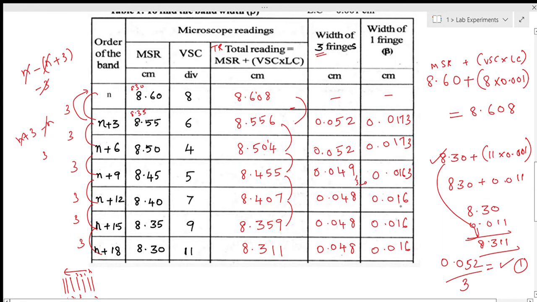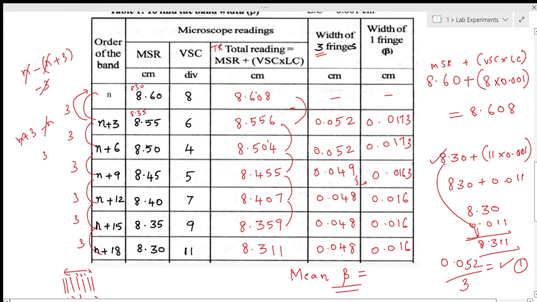So these are the values of the width of one fringe. So we need to find the mean or the average value of the fringe width. That is, the width of one fringe is called the fringe width here. 1, 2, 3, 4, 5, 6. Add all these and divide it by 6.